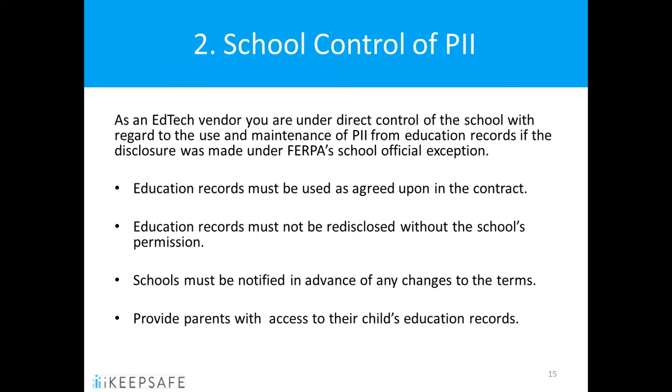As a best practice, access to their child's education records should be seamless, with providers giving the required records to the school, who can confirm the parent or eligible student's identity and provide them with access to the records. In some instances, parents and eligible students have direct access through your product functionality as well.